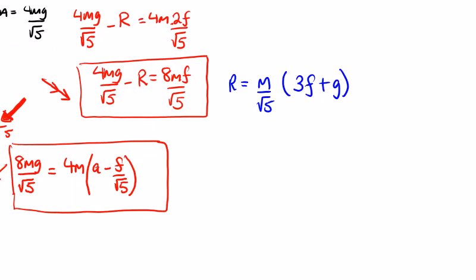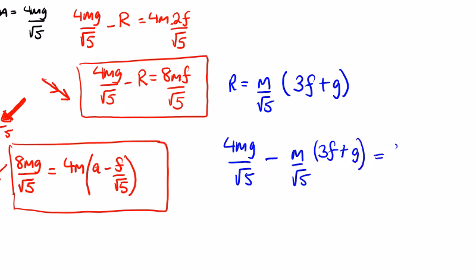Will this help? So we're going to get 4mg over root 5 minus this whole thing, m over root 5 times 3f plus g. That's going to be equal to 8mf over root 5.